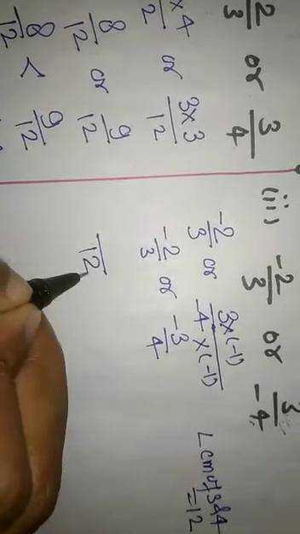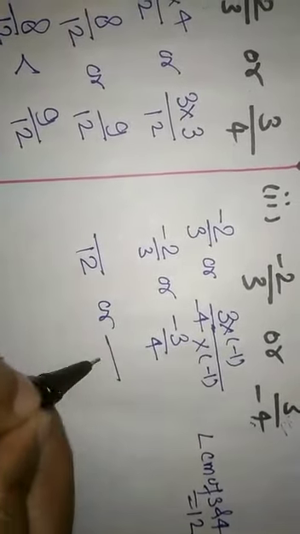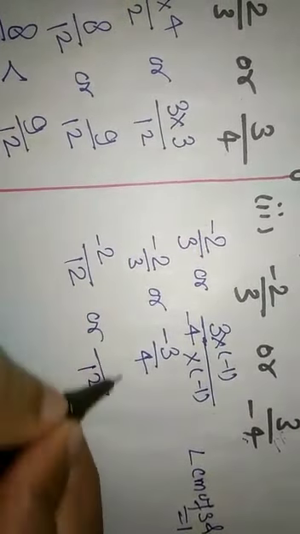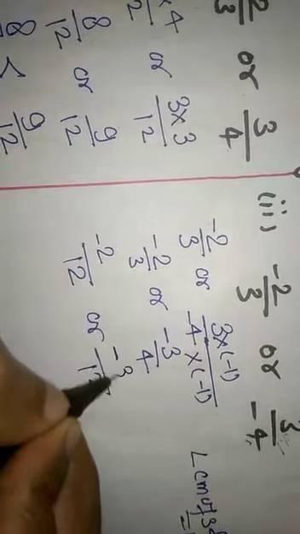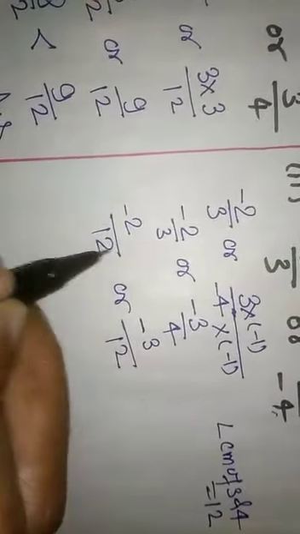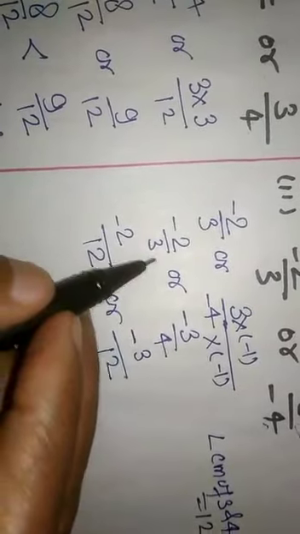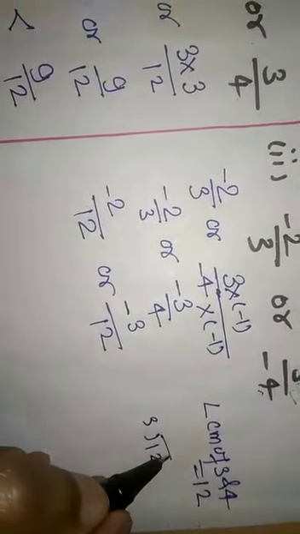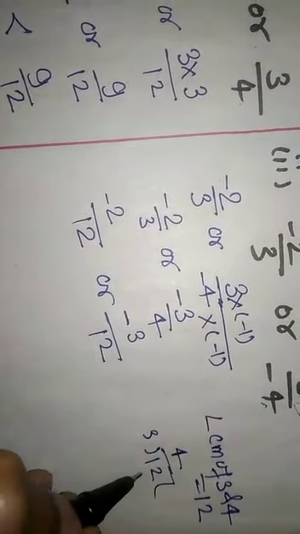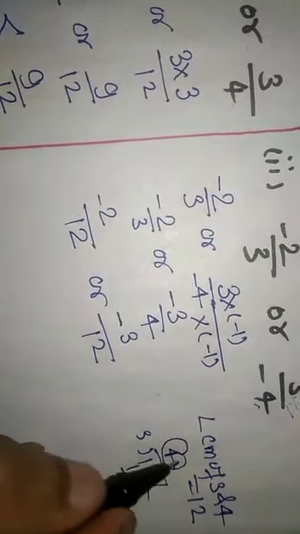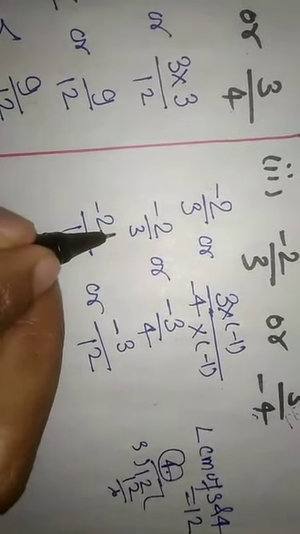Write their denominator and the numerators. And third step: 12 divided by 3. What do you get? 4. So 4 is multiplied by the numerator.